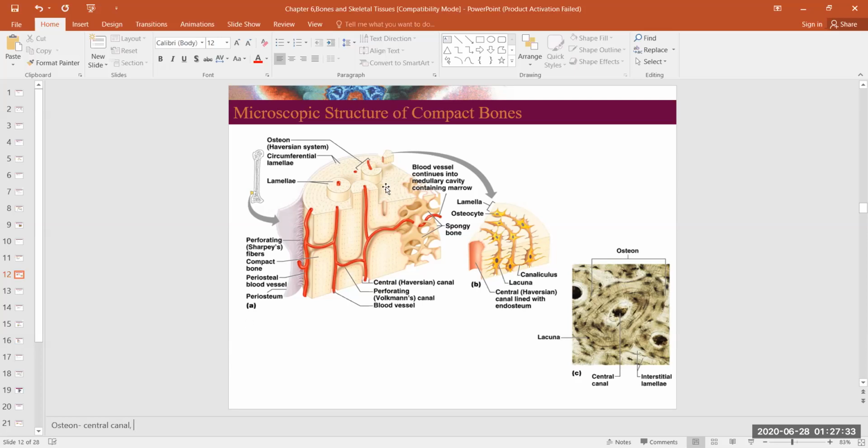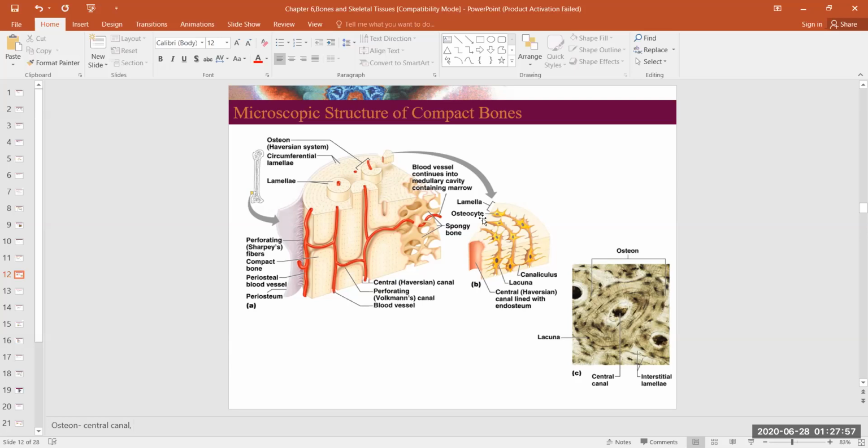Around the central canal, I'm taking one chunk from the wall here and magnifying it in B. You see one layer of matrix, another layer of matrix, another layer of matrix, and then you have the central canal here.